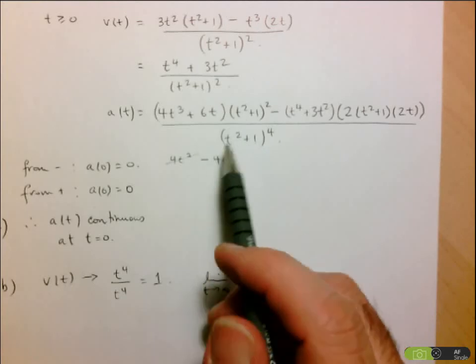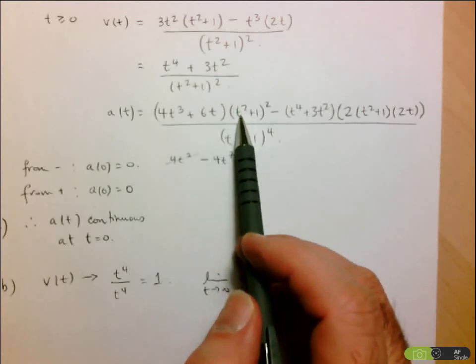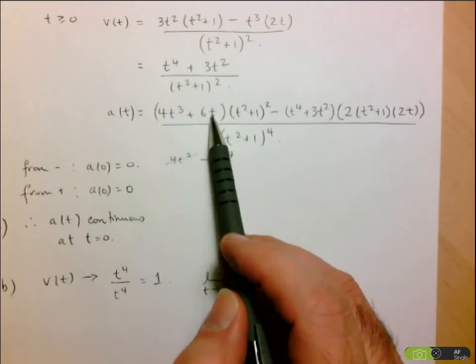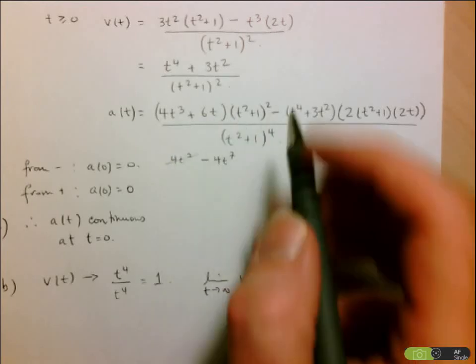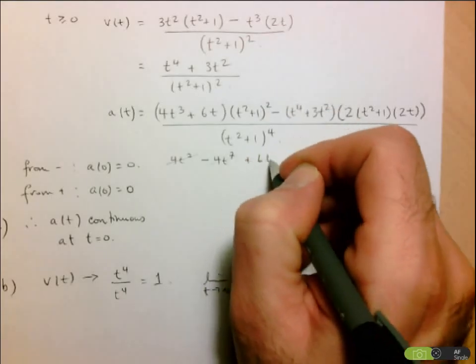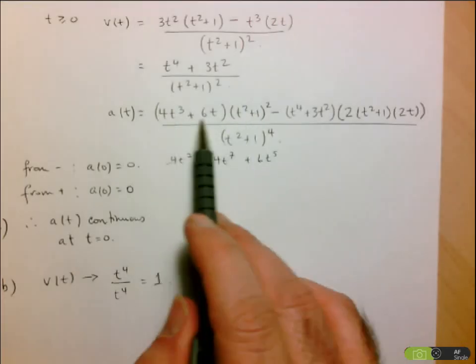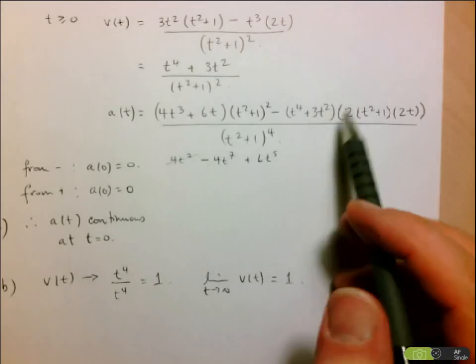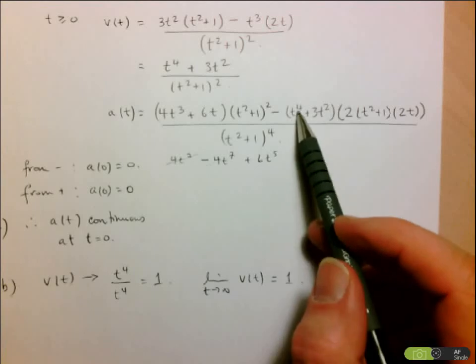So again, t to the 4th is my highest power of t here. And let's skip this one because we took care of it. So there we've got a 6t times t to the 4th, so we have a plus 6t to the 5th. So already this doesn't have anything higher than t to the 6th. Let's check this one out here. We've already used t to the 4th, so let's skip that.